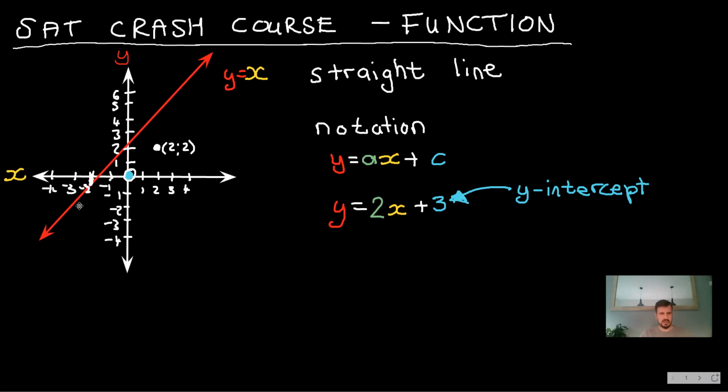Because I've shifted it up by 2, this intercept here becomes +2. So let me make it the 3, which I put there. So that would mean it would go up to here, 3 there.